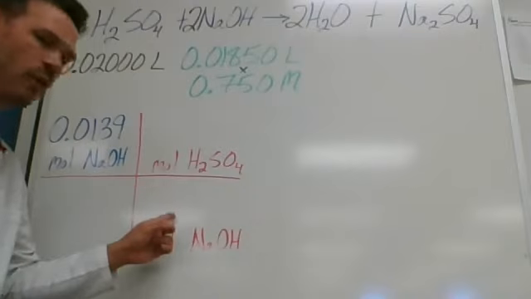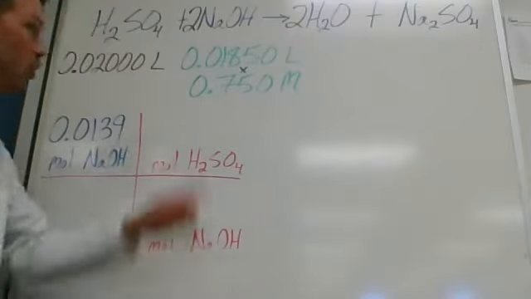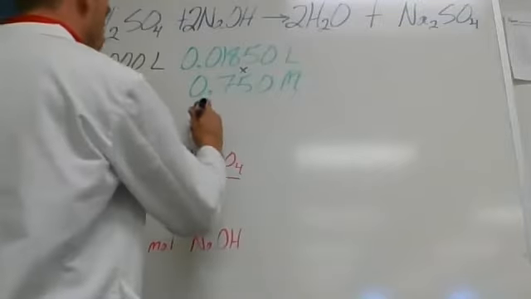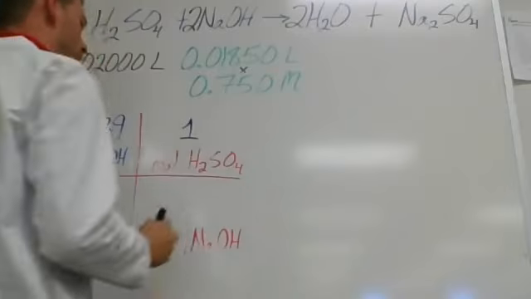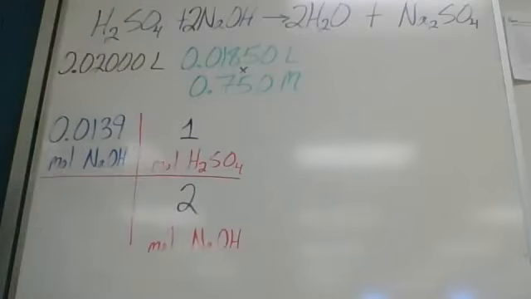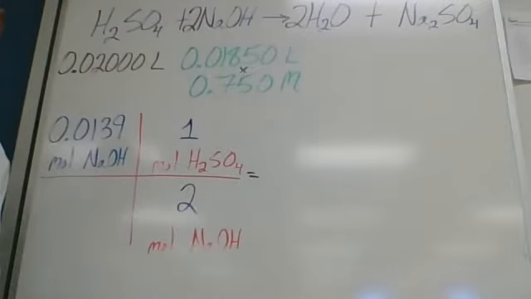Anytime moles is over moles, it's the coefficients that give us the conversion factors. So look up to the balanced equation to see that sulfuric acid is 1 and sodium hydroxide is 2. And this will give us moles of unknown.